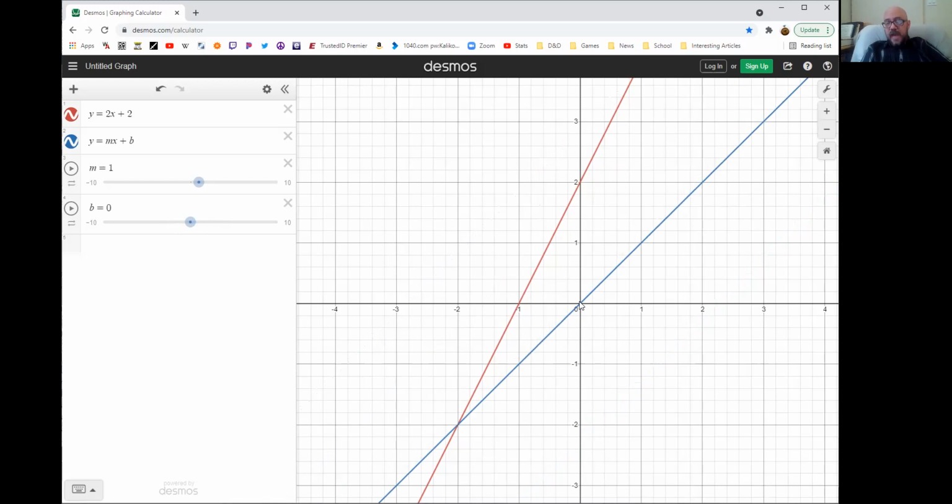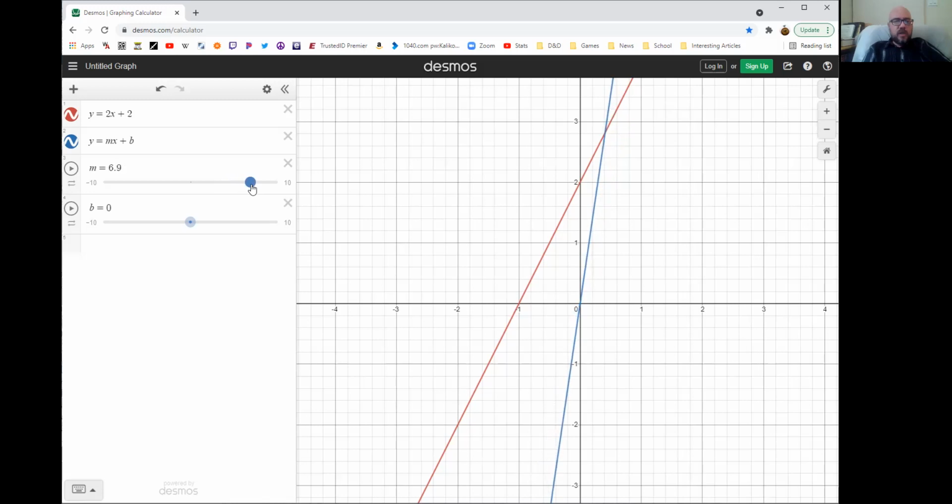So you might ask yourself, what happens when we change m? Well, I've claimed that m is the slope of the line, that the steeper the line is, or the bigger the slope, the steeper the line is. So let's increase m a little bit. As m goes up, you can see that the line is getting steeper and steeper.